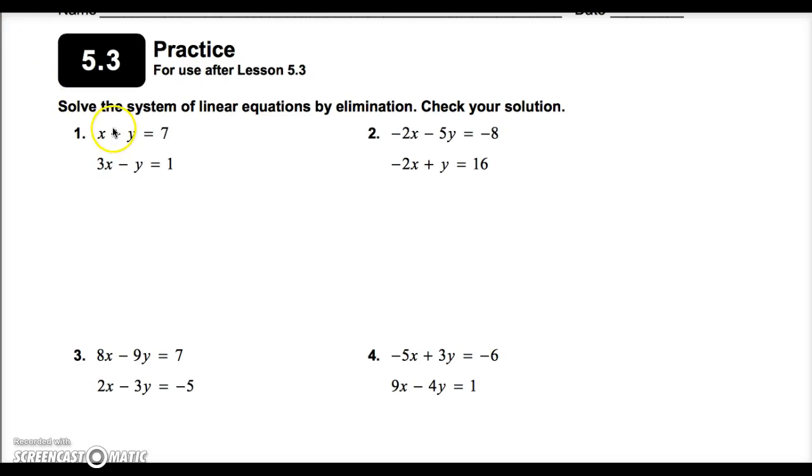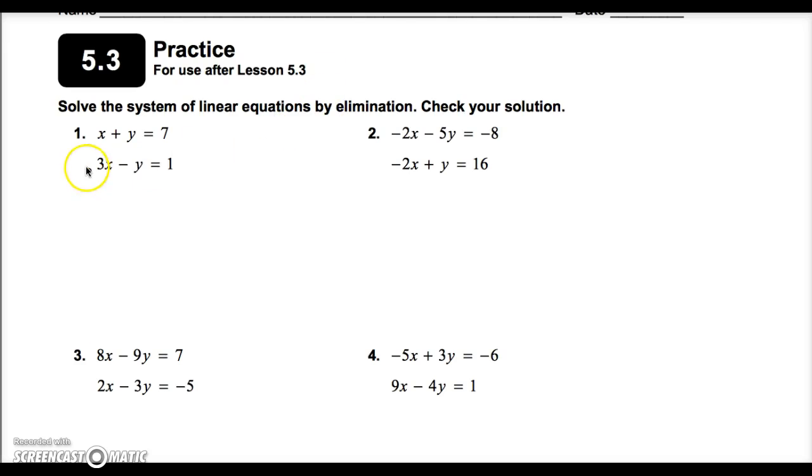So we have x plus y equals 7, 3x minus y equals 1. So we're looking for anything that may be opposites. So x and 3x. Well, those aren't even close. First of all, they're both positive, and this x has a 3 with it. That one doesn't. So let's look at the y's. I have a plus y on the first one and a minus y on the second one. So those are opposites. That's what I'm looking for, so I can eliminate those.